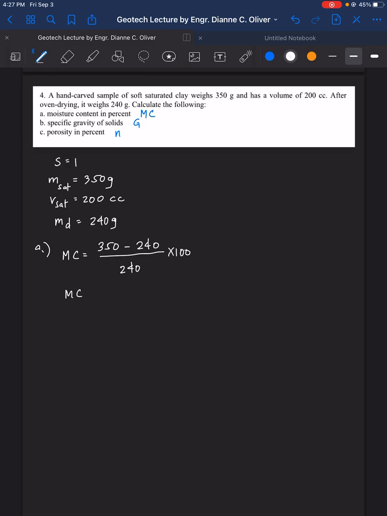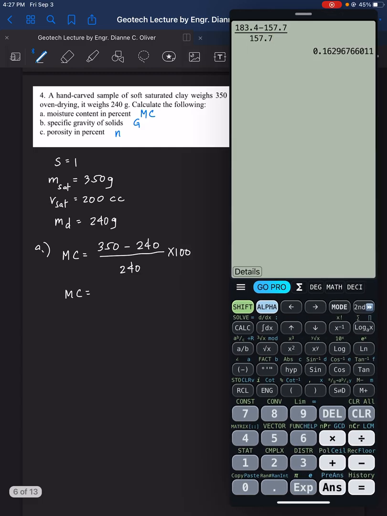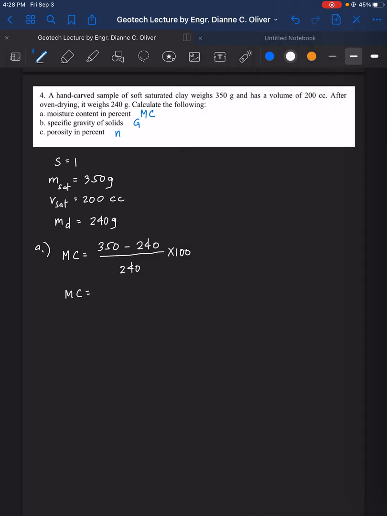So moisture content is now equal to 350 minus 240 all over 240 times 100. So 45.83%. That's the moisture content.